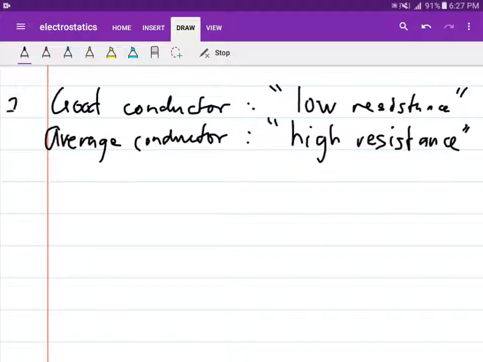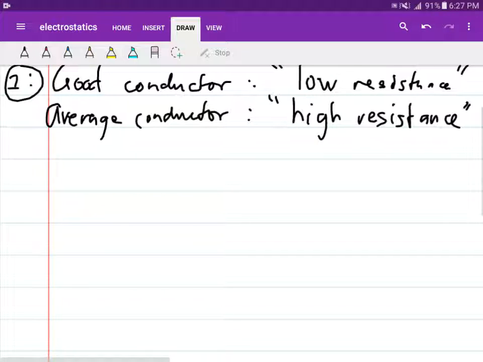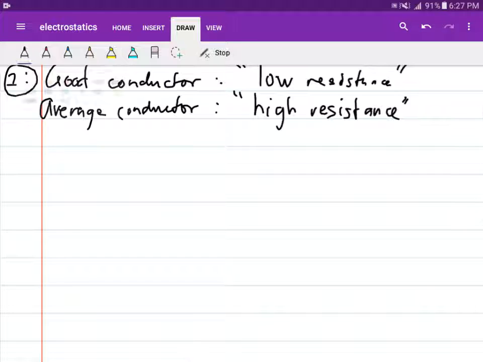Let's take the case first of a good conductor, so with low resistance. Let's see the relationship of an object with low resistance. Say we have an unknown material here and we put a battery through it.